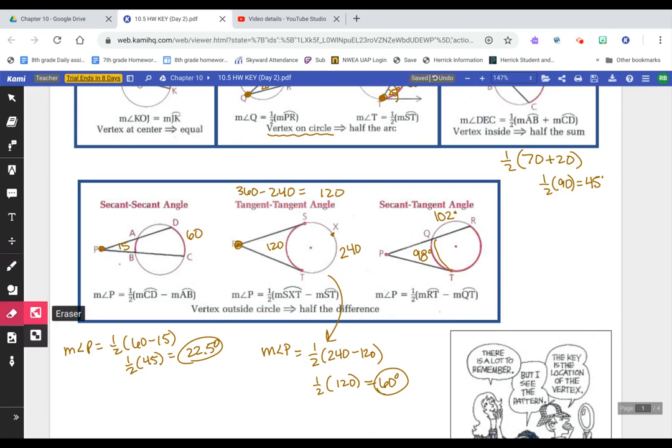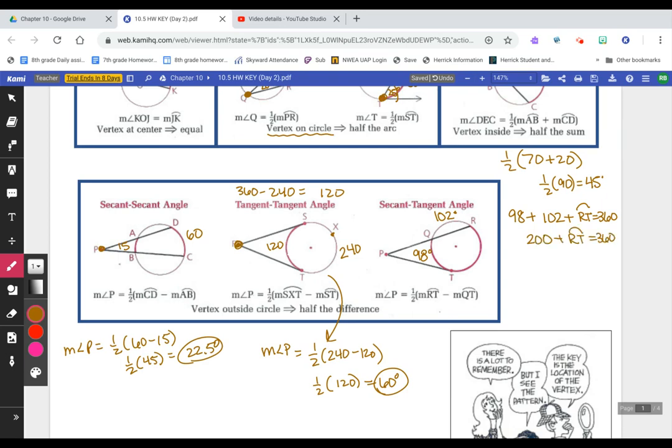But I know that if I add up arc QT plus QR plus RT, it's the whole circle, and it equals 360. So let's do that. We have QT, which is 98. We have QR, which is 102, plus arc RT equals 360. So when you add these two, you get 200 plus the measurement of arc RT equals 360. And then when you subtract the 200, arc RT is equal to 160.